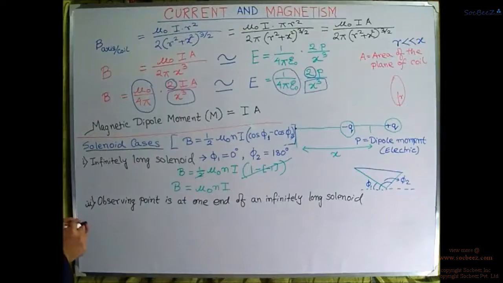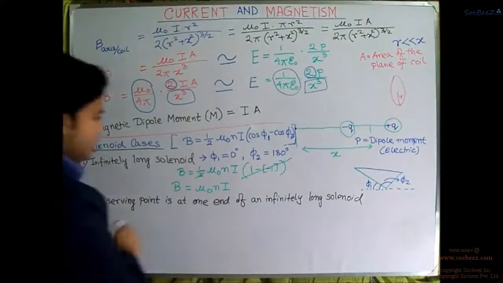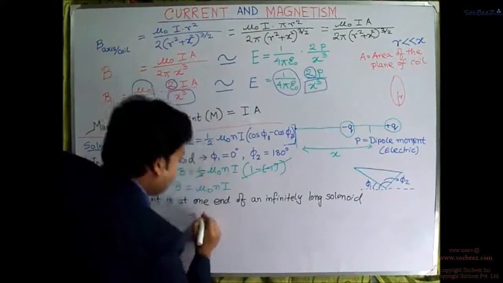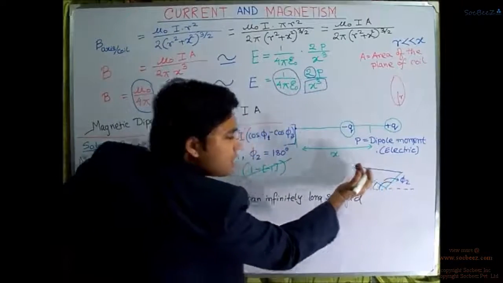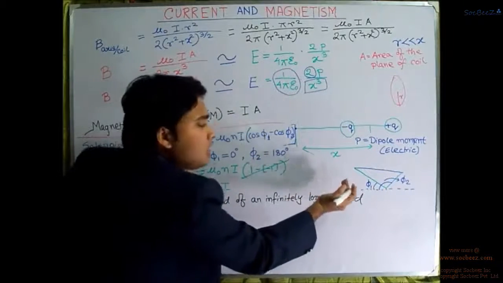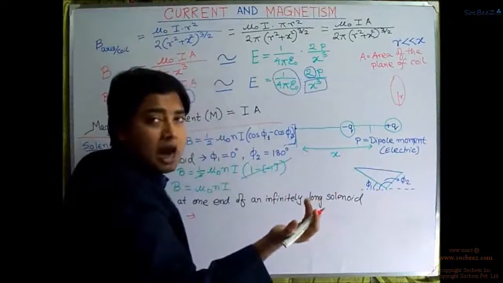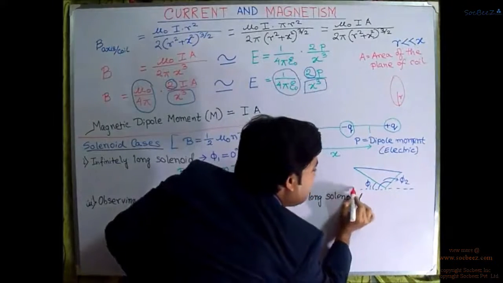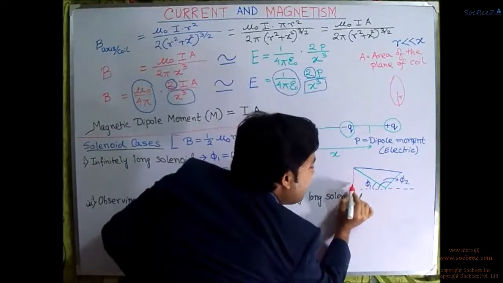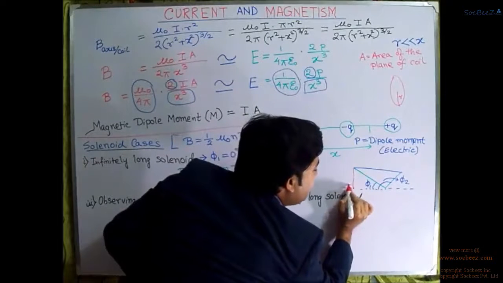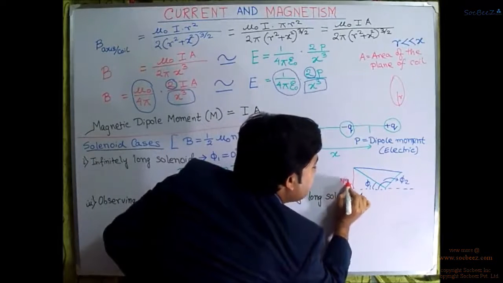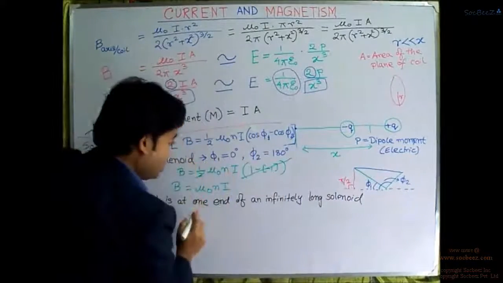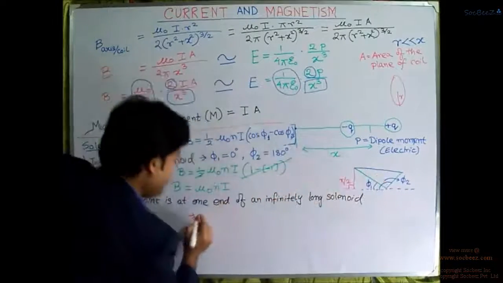So over there, in this situation, if we are, say for example, on the left hand side, phi 1 will simply be equal to pi by 2, because if we are at this end, we will simply drag up this line, and this line will now be equal to pi by 2, right? So phi 1 will turn out to be pi by 2 if we are on this end.